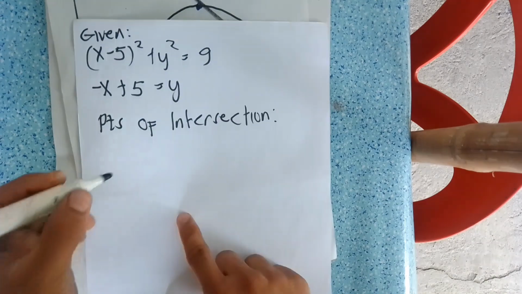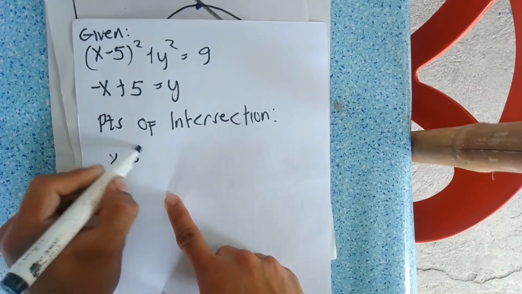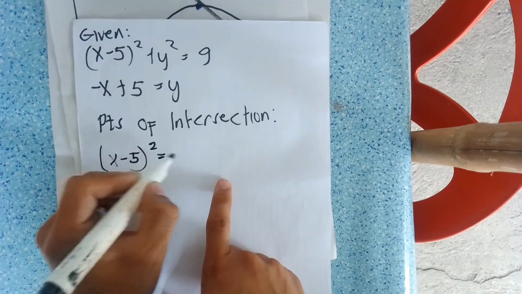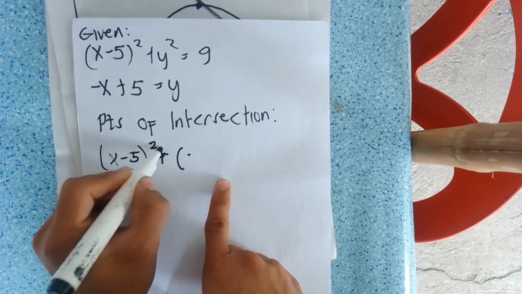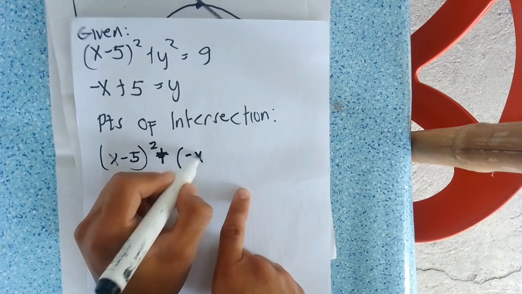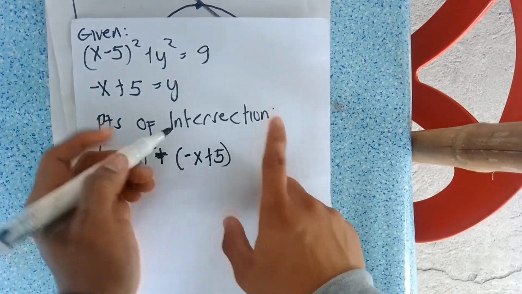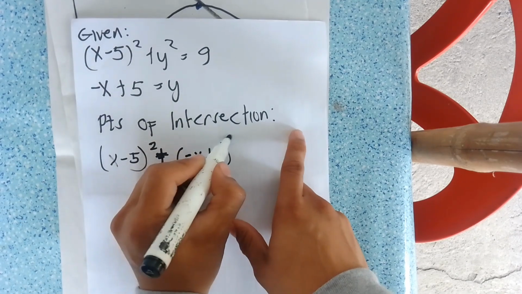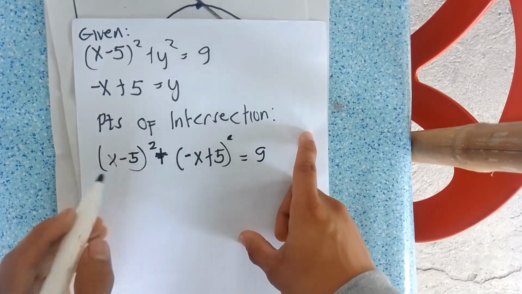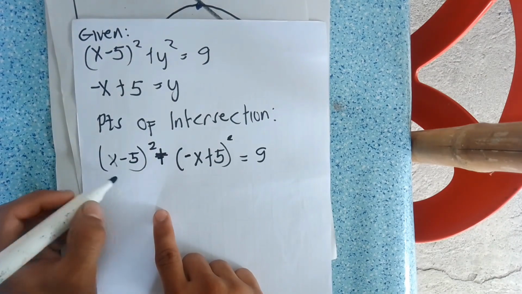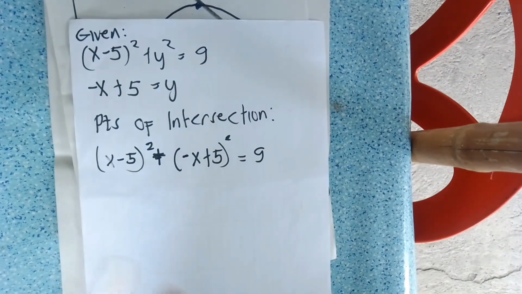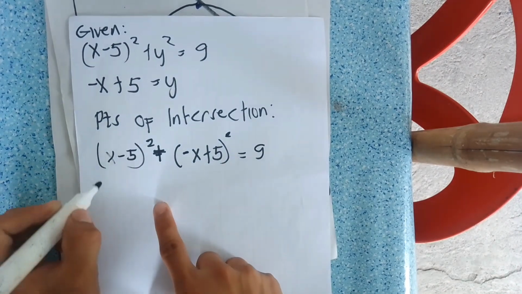So that means we have x minus 5 quantity squared plus negative x plus 5, since we have y squared there, we just square it, is equal to 9. You can use a calculator, or you can also do it by hand.